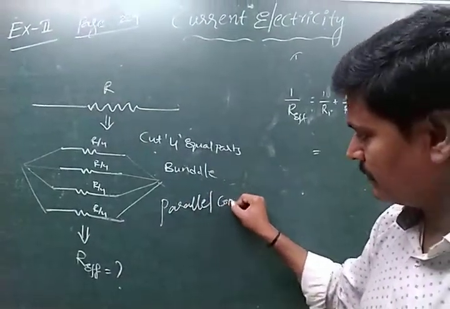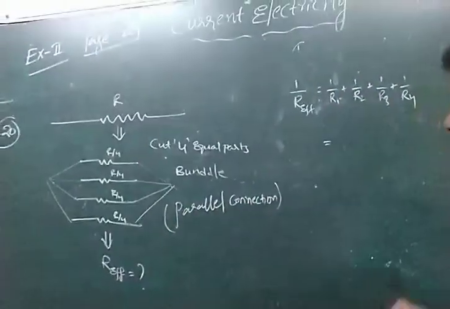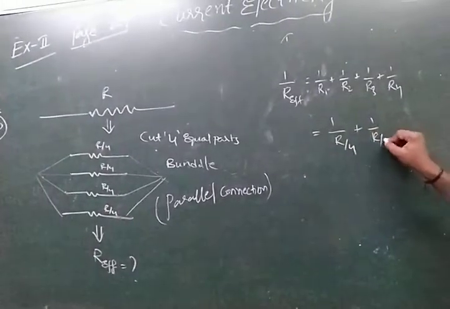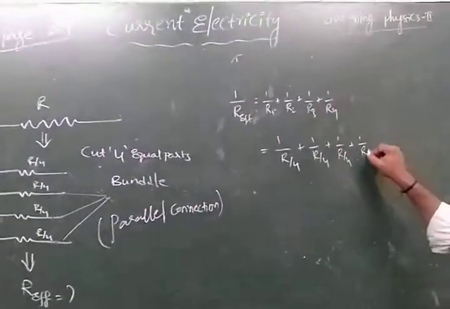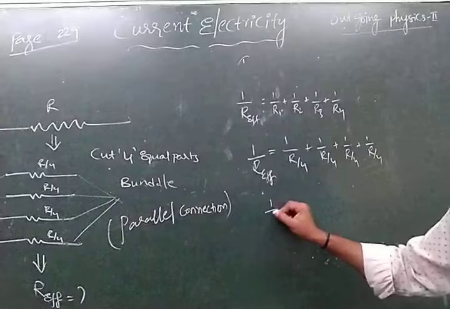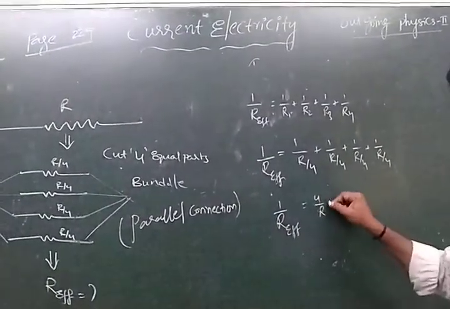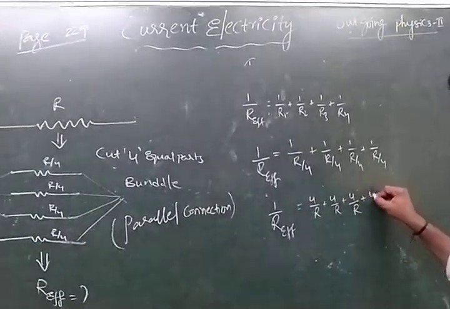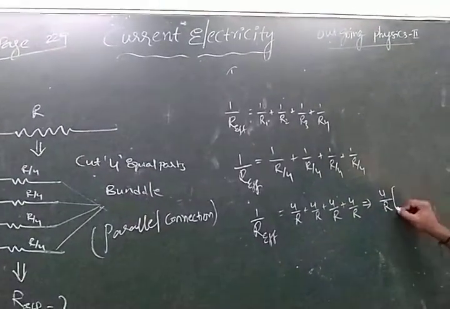The formula is 1 by R by 4 plus 1 by R by 4 plus 1 by R by 4 plus 1 by R by 4. So 1 by R effective equals 4 by R plus 4 by R plus 4 by R plus 4 by R.